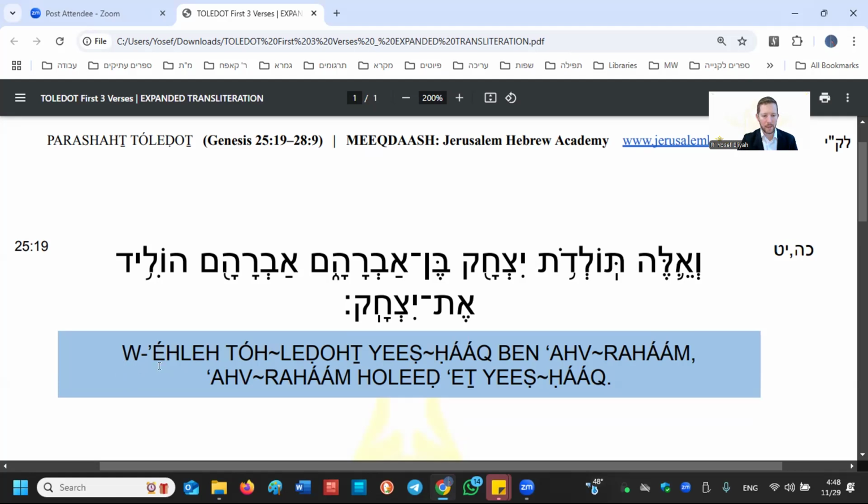Ve'ele. The only difference is we are adding accent symbols like they do in Spanish over the accented parts of words. Ve'ele TOLEDOTH, Yish'ok ben Avraham, Avraham Holiv Eth Yish'ok.